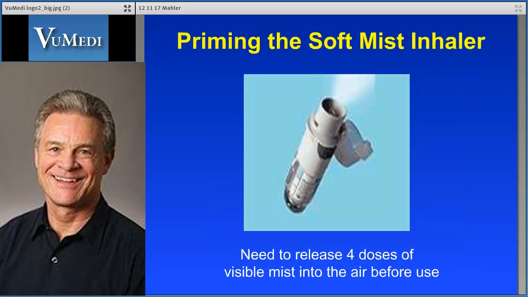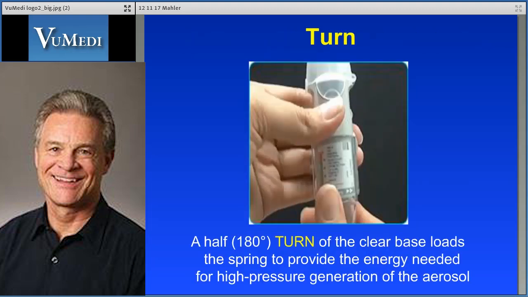The soft mist inhaler should be primed, as also discussed with the metered dose inhaler. Recommendations are to release 4 doses of visible mist into the air before use. To do this, the first step is to turn the clear base, which loads the spring, to provide the energy needed for high pressure generation of the aerosol.